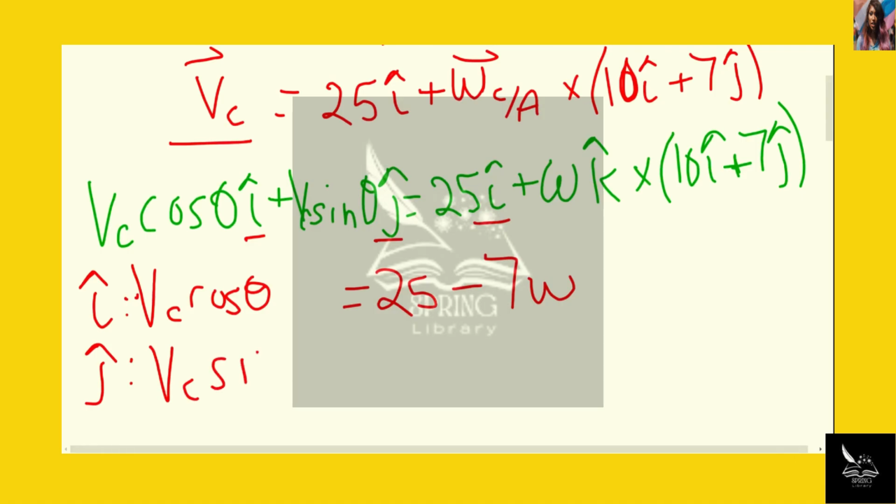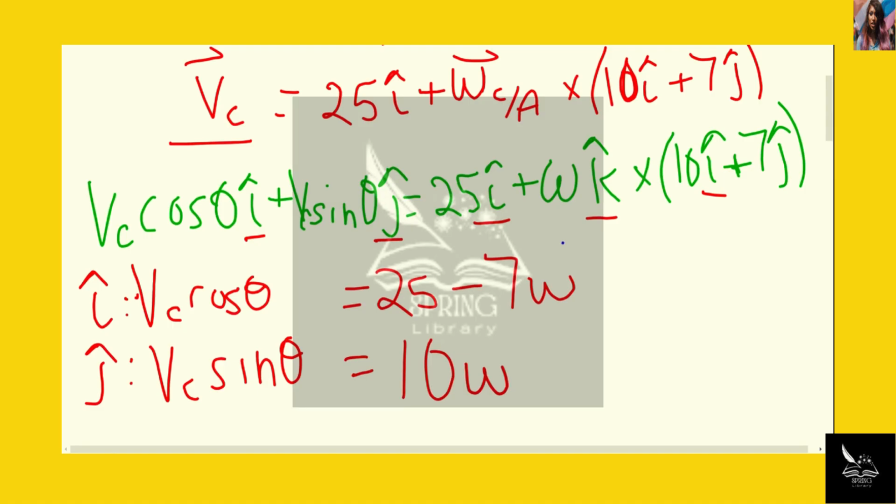Now the next equation, for the J hat: VC sine theta is equal to, now K cross I is actually J hat, and we can write that as 10 omega.